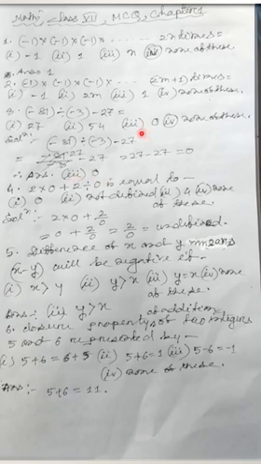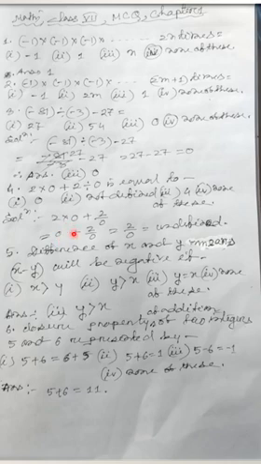Option is 3. Now see here: 2 into 0 plus 2 divided by 0 is equal to, 0, not defined, 4, none of these. 2 into 0 equals 0, and 2 by 0.